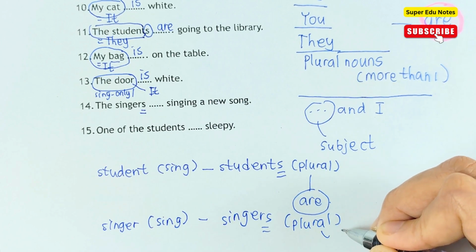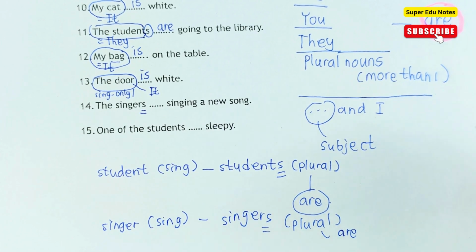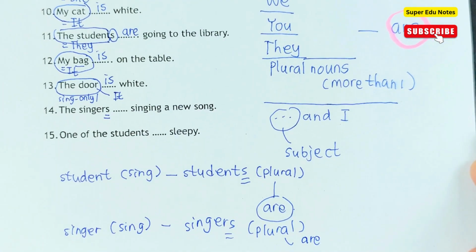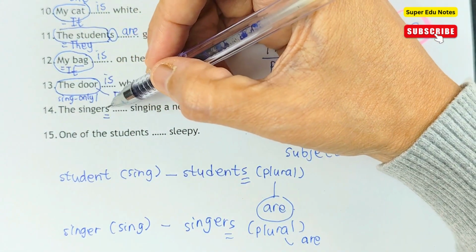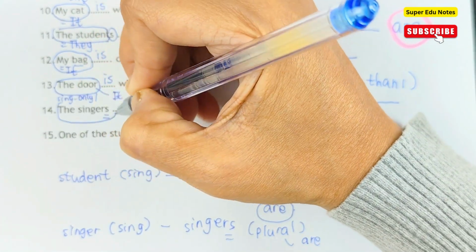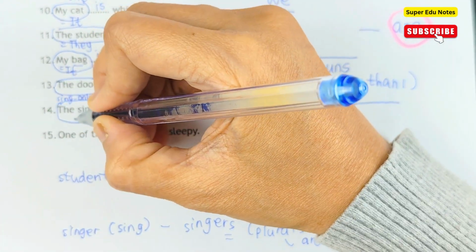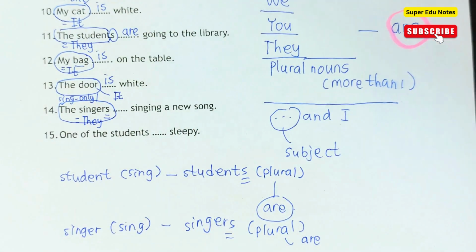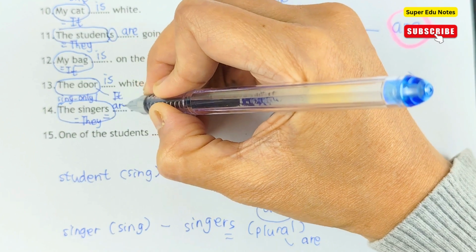So we use are. The singers, so the subject, same with they. If we replace this with a pronoun, it becomes they. The singers, plural, so we have to use are.